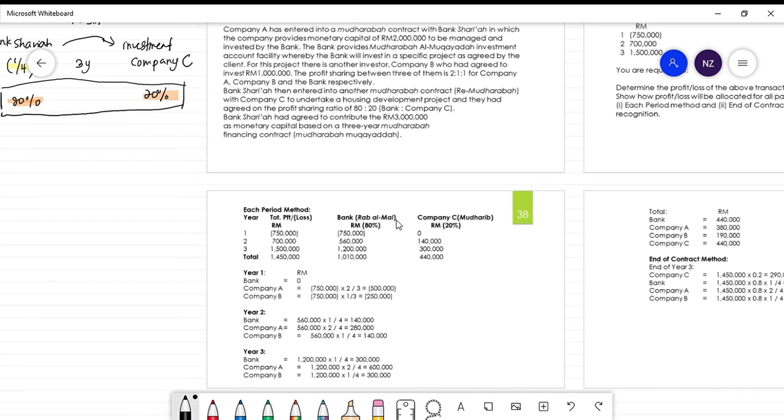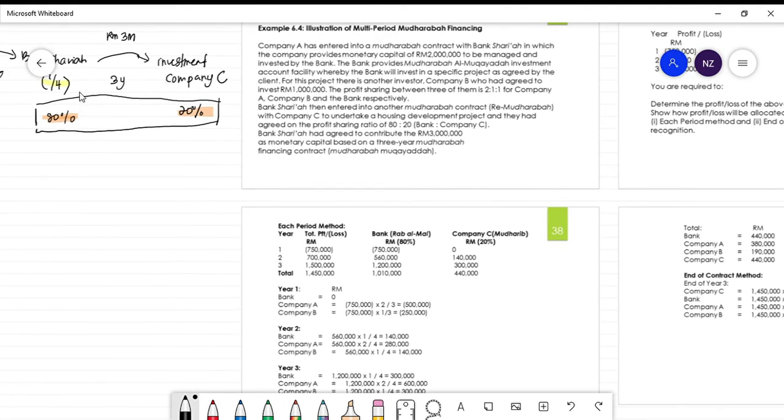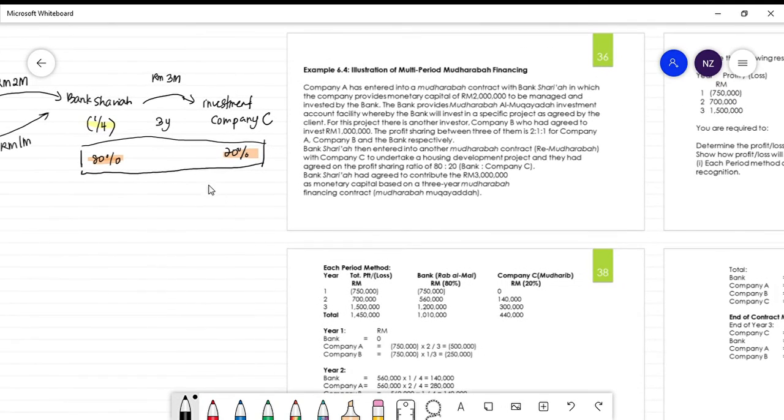So awak tengoklah kat sini kan, untuk the first year company C dapat losses. So kita tahu mudharabah konsep, kalau dapat loss, so the loss here akan di fully covered, fully ditanggung oleh Rock Bumal. So untuk second mudharabah ni, kita tahu the Rock Bumal is bank syariah, sebab bank syariah tadi is the capital provider.